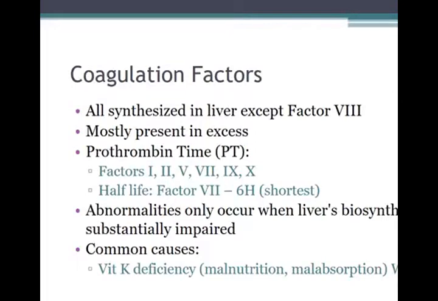Coagulating factors are mainly synthesized in the liver except factor 8, and they are always in excess. The prothrombin time involves factors 1, 2, 5, 7, 9, and 10, and the shortest half-life is factor 7.